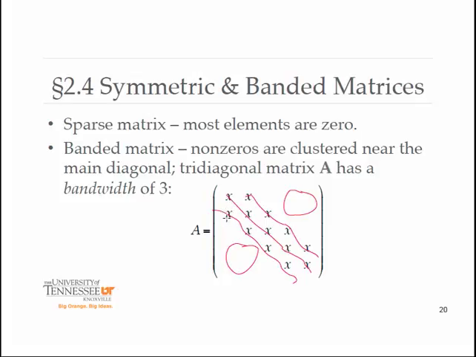When you went to eliminate this element, you'd fill in other elements, and it would destroy the structure of the matrix if you do Gauss elimination on that banded structure. So we try to find ways of exploiting that structure, and we will definitely do that with iterative methods. But it turns out with tridiagonal in particular, we can actually do LU decomposition very efficiently, because we know there's only one super diagonal and one subdiagonal. But in general, with banded matrices, you have to be careful in terms of exploiting the structure.